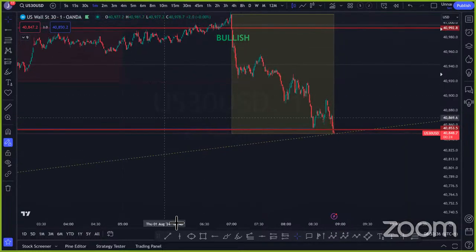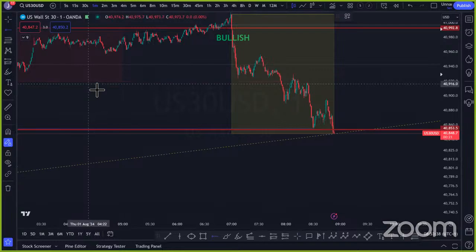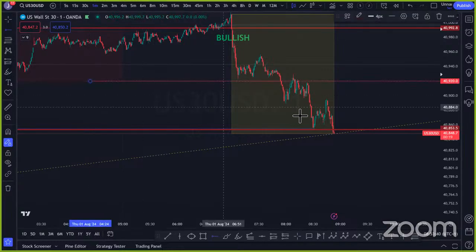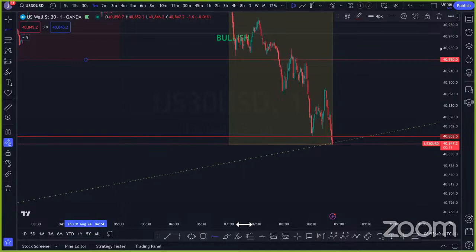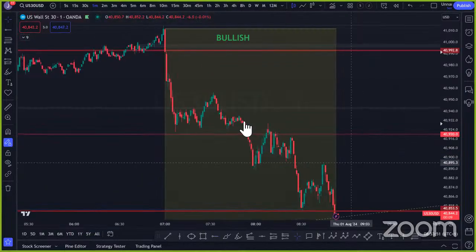So we can see here that this was an area of liquidity, and we can actually see a break of structure W here that has a little reaction, but it's not our key break of structure pattern that we look for. Have a look. This W here looks like this.